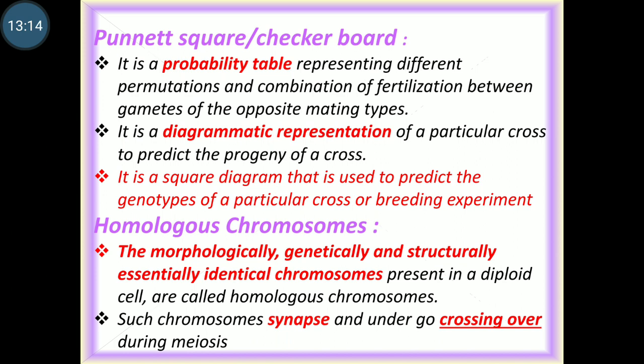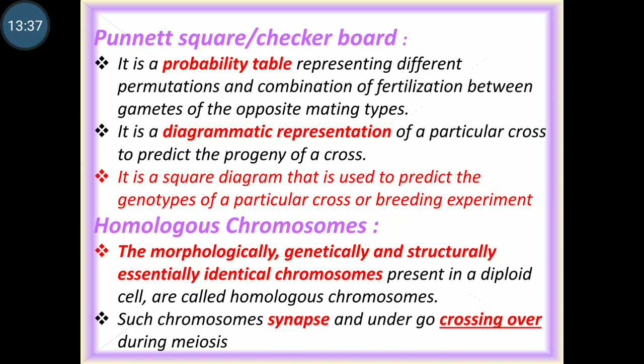Punnett square or checkerboard. It is a probability table representing different permutations and combinations of fertilization between gametes of opposite mating types. It is a diagrammatic representation of a particular cross to determine the progeny of a cross.